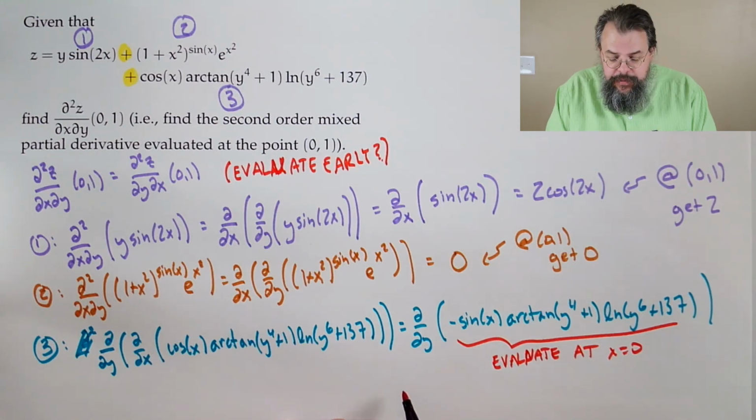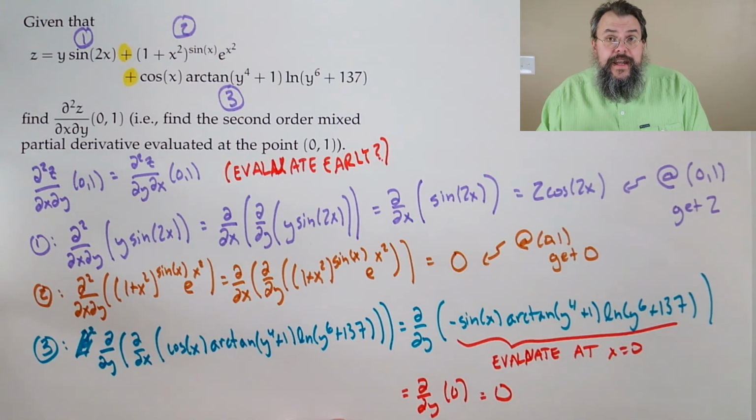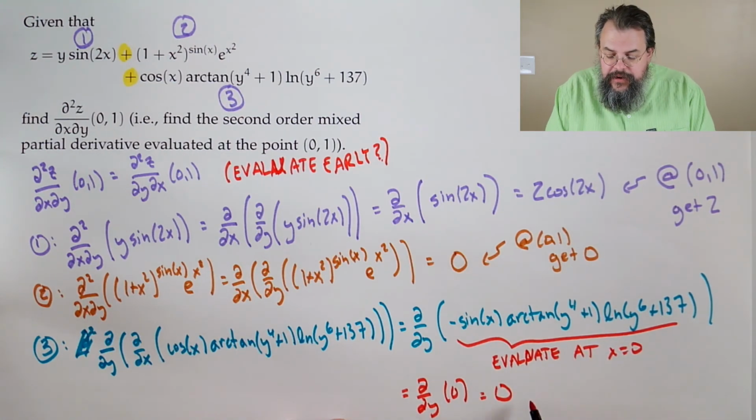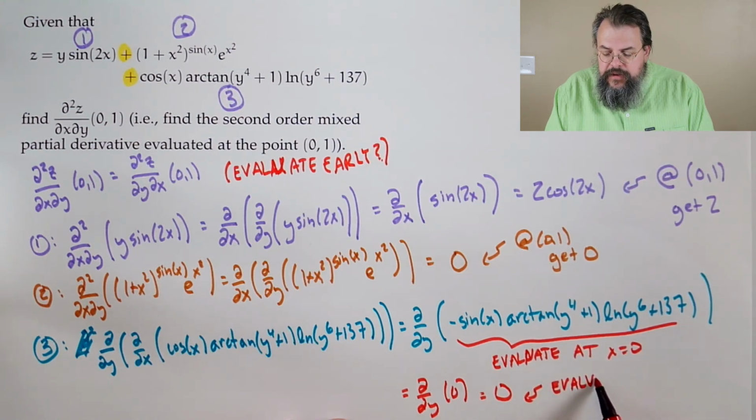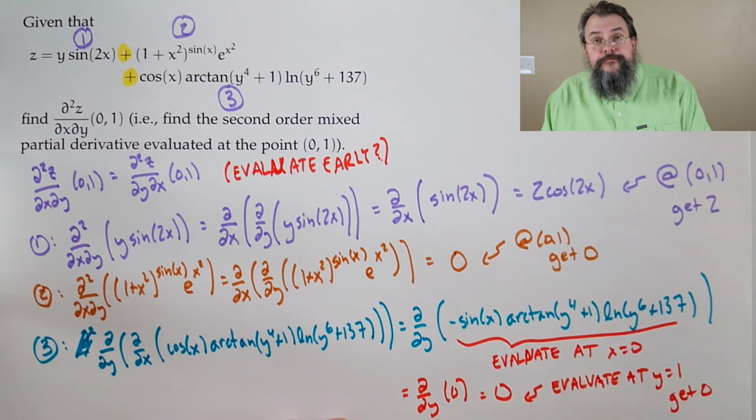So this last piece says, hey, I just now need to figure out the derivative with respect to y of 0, and that's 0. So I've evaluated already at x equals 0. Now we have to evaluate this at y equals 1. Well, we're going to get 0 out.